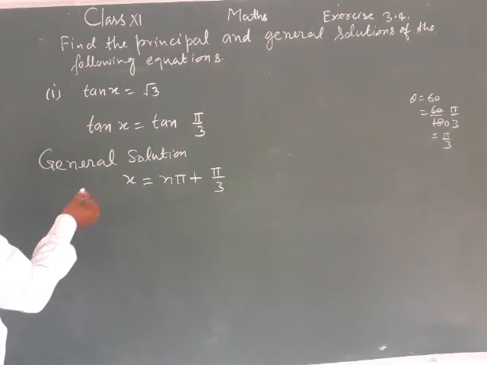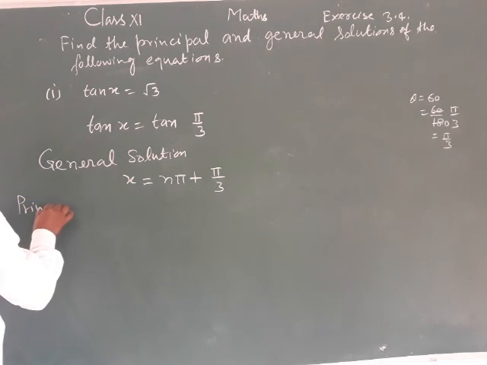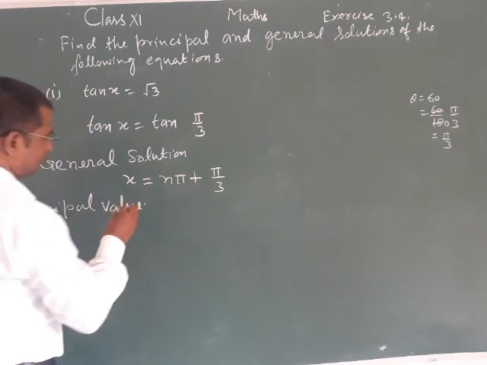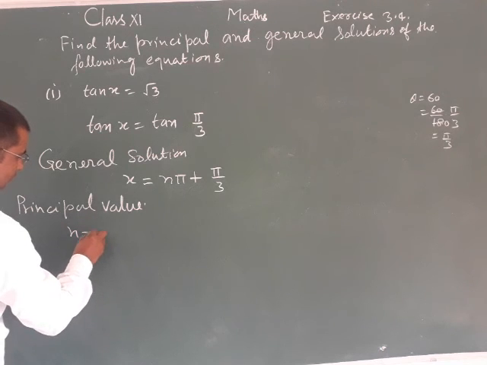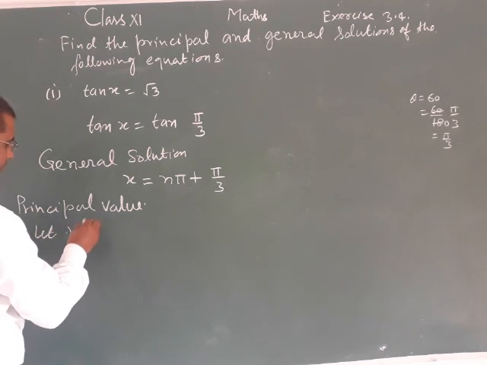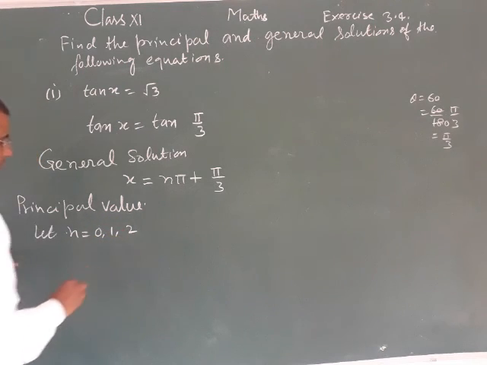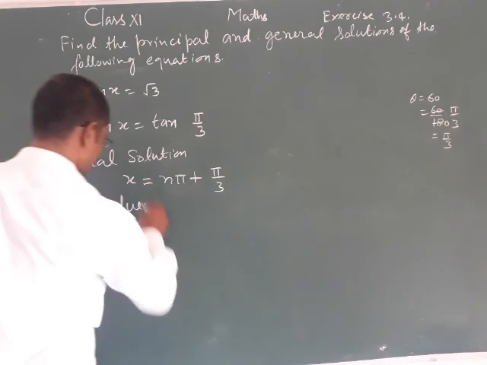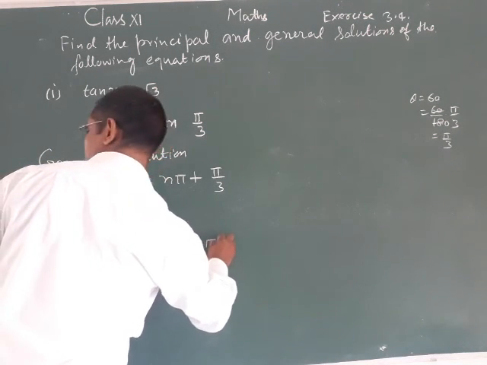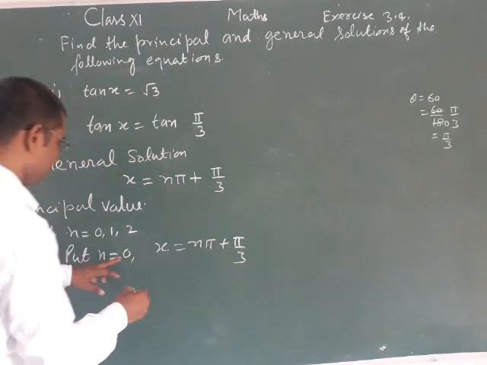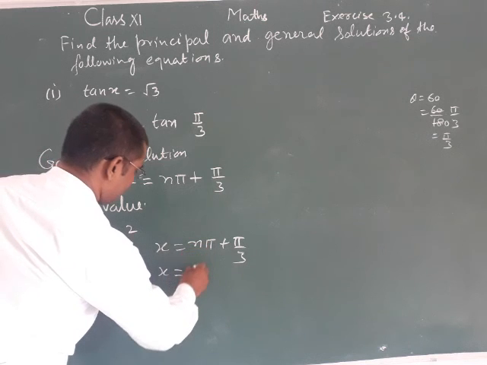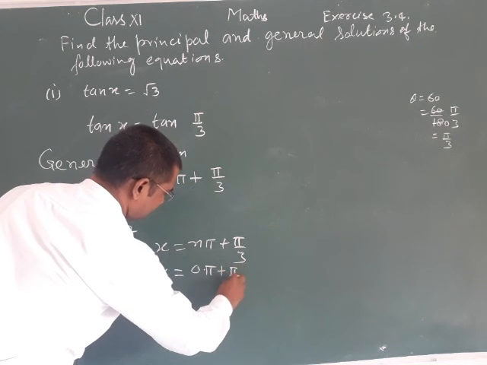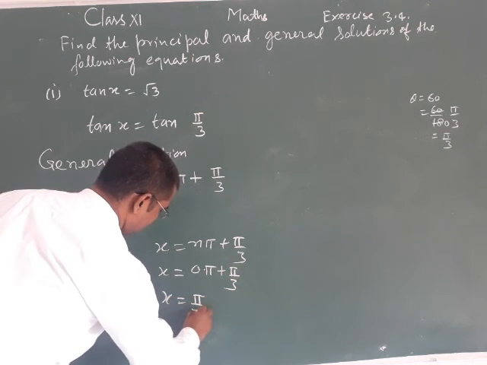And also the principal value. Let n be equal to 0, 1, 2. Put n equal to 0 in x is equal to n pi plus pi by 3, so x is equal to pi by 3.